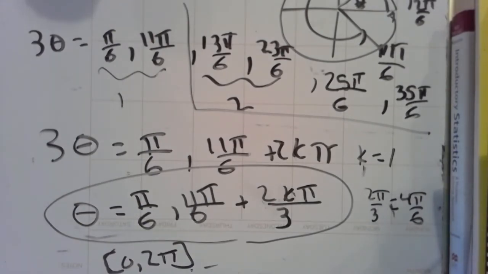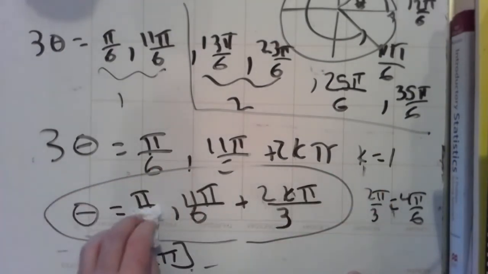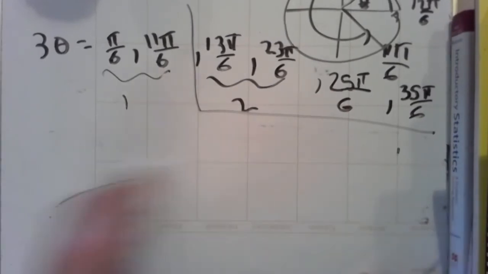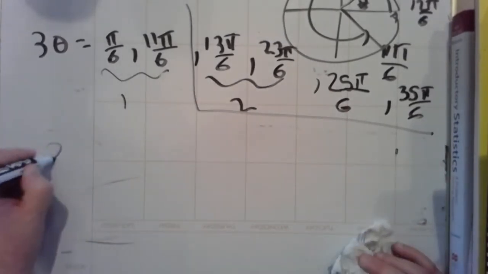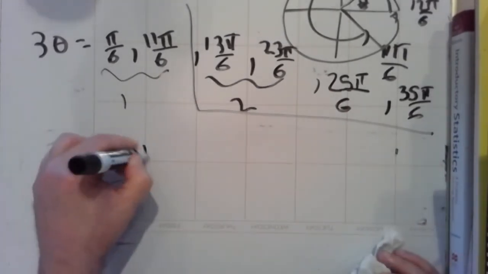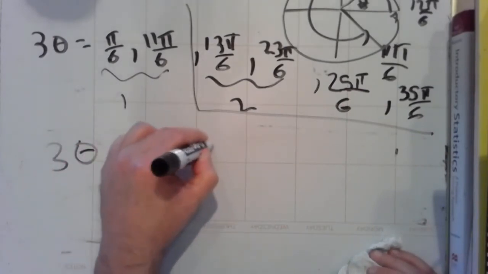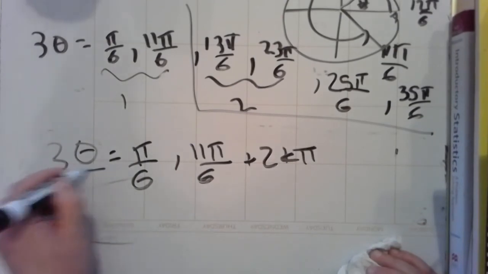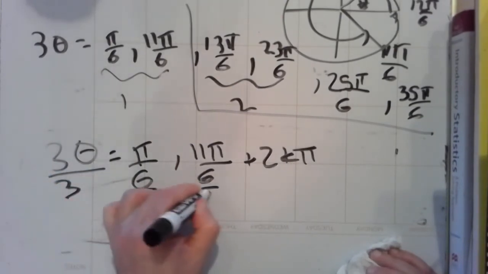Oh, hold on. Something didn't go right there. I forgot to divide everybody by 3. So back up a little bit. We have 3 theta is pi over 6, 11 pi over 6 plus 2k pi. Divide everybody by 3.